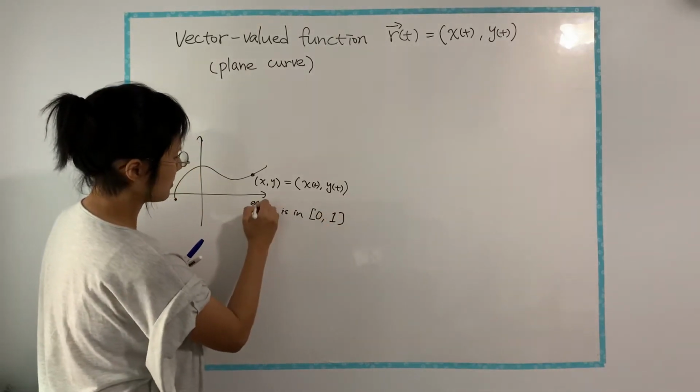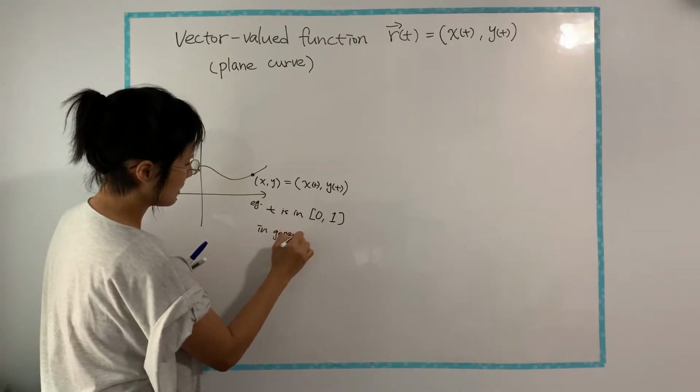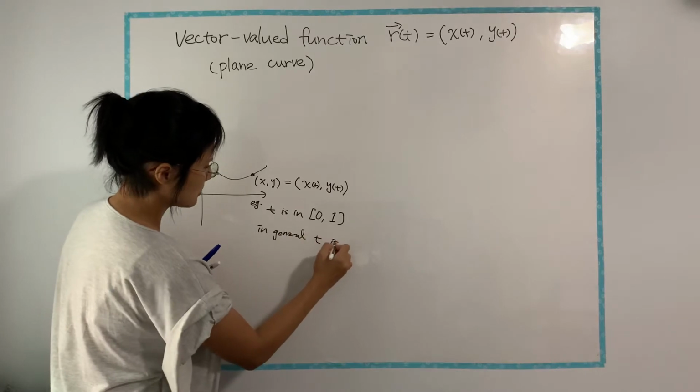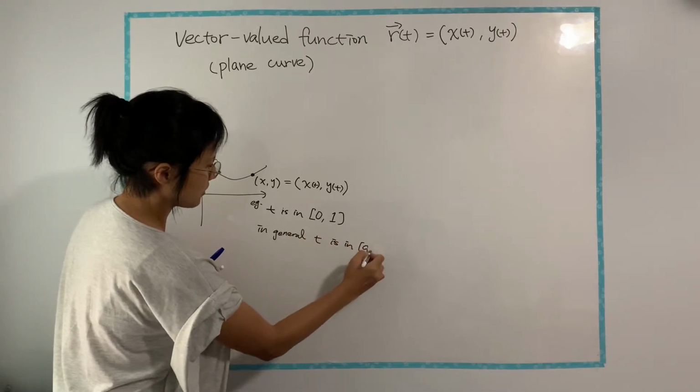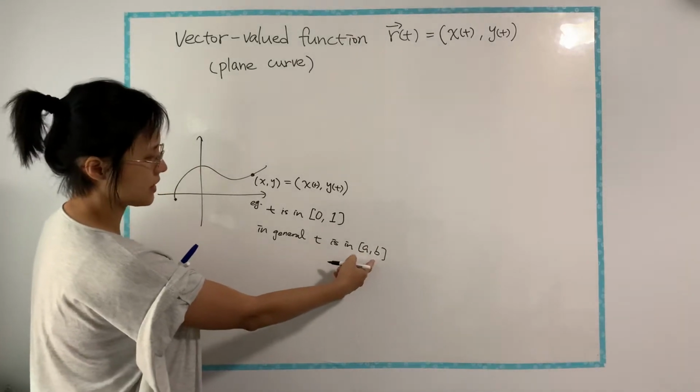This is an example. In general, you can say t is in the interval a, b. The starting time is a, the stop time is b.